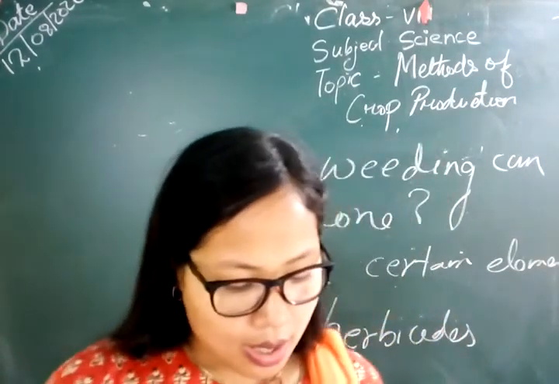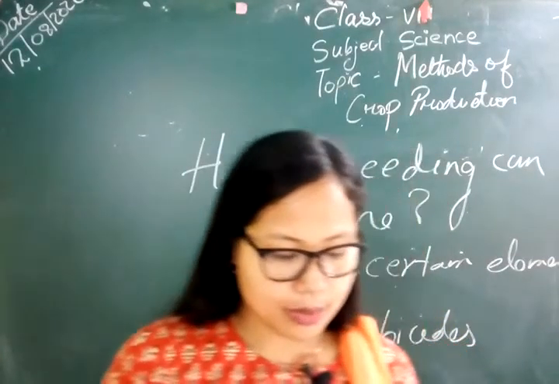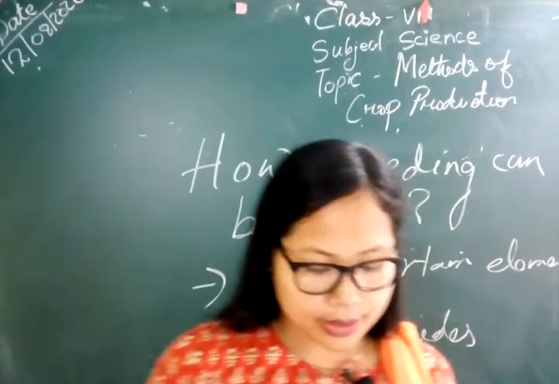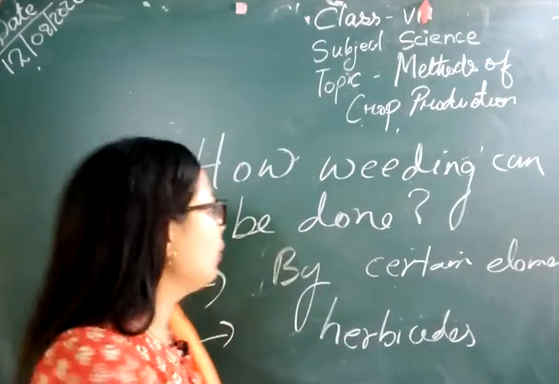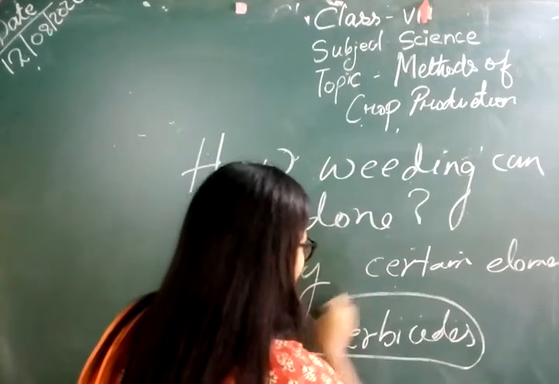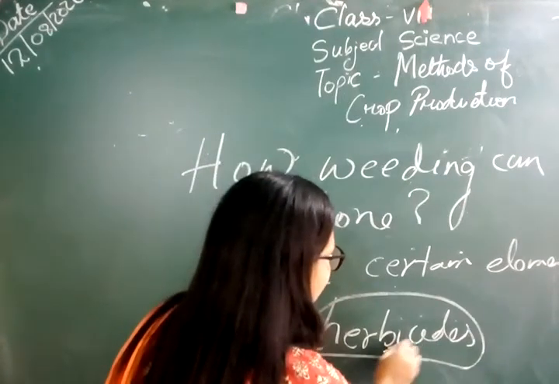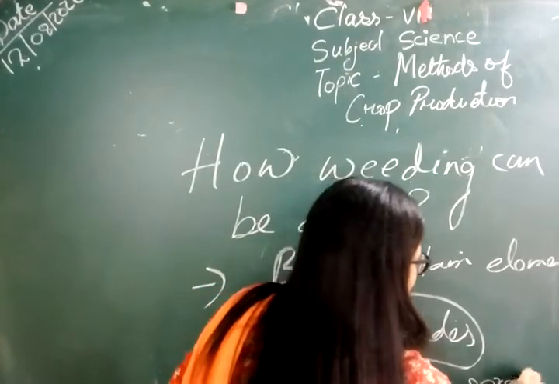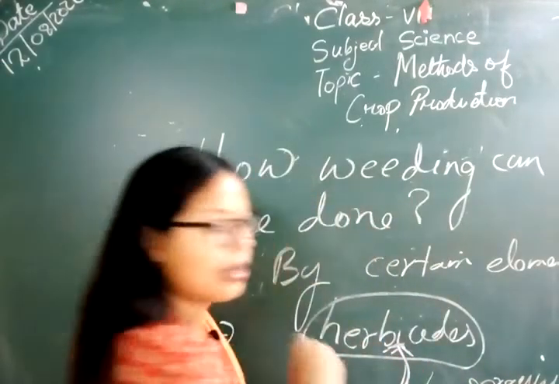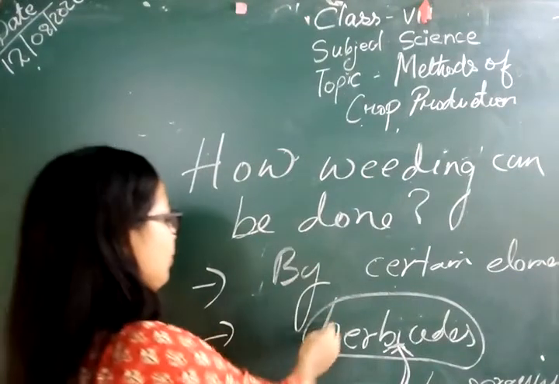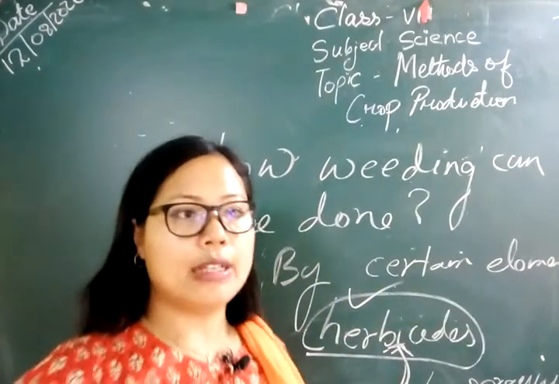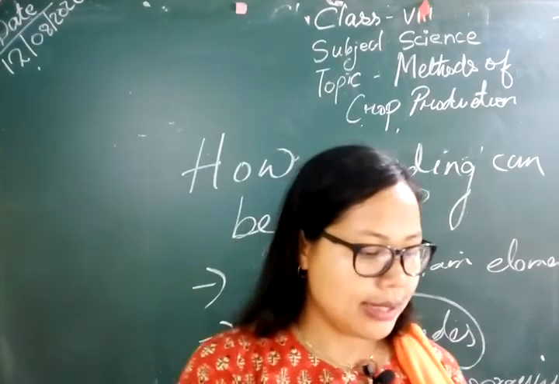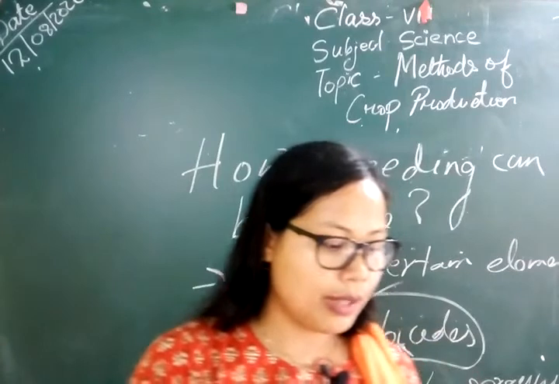Now let's see herbicides. Here you should understand. How will you remove weeds using herbicides? Definitely you will use these chemicals by spraying. Here you should remember, even though we can kill weeds by herbicides, there are certain disadvantages also, so we should be very careful.